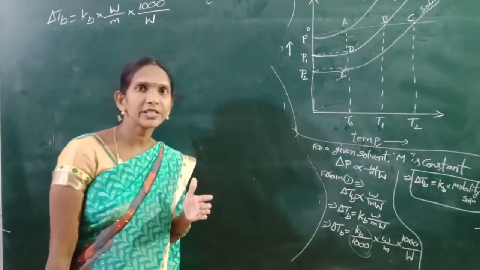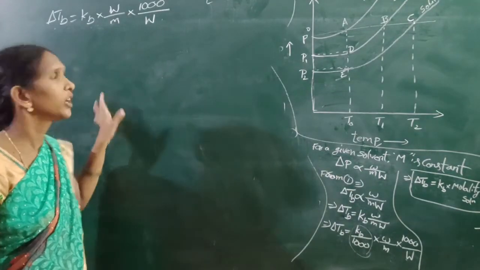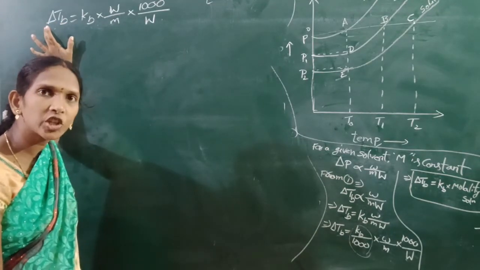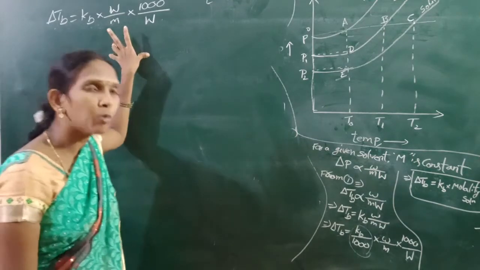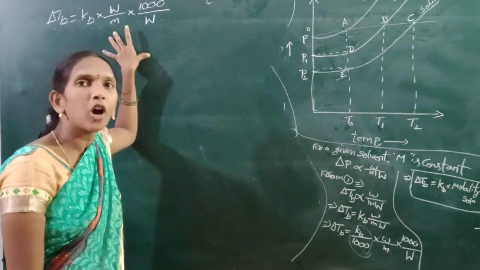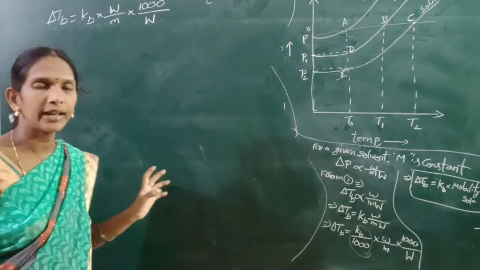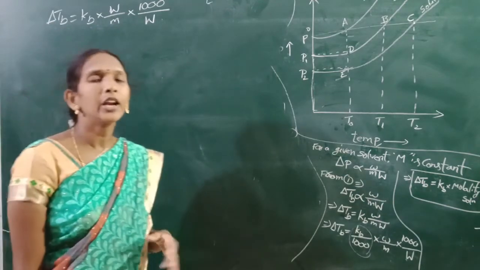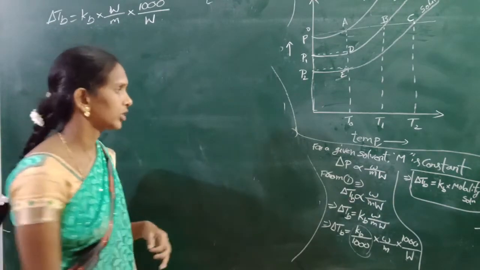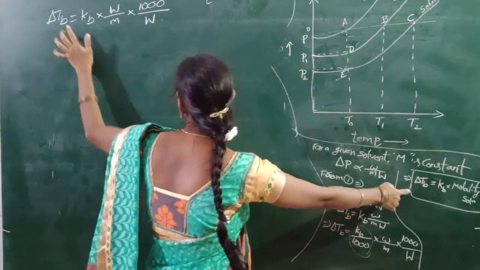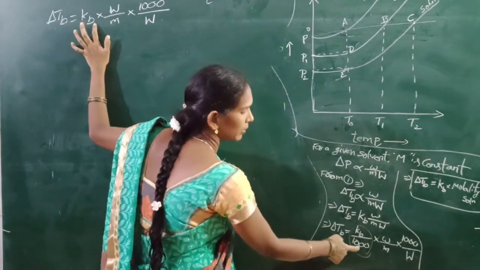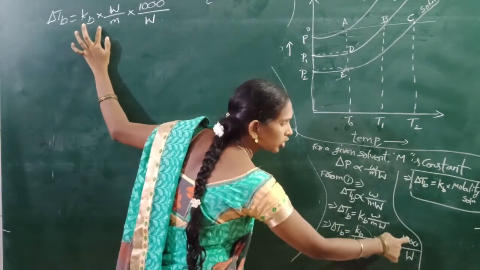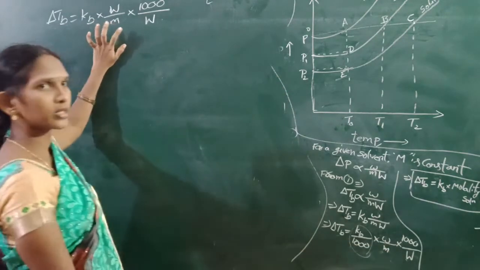Next heading is the relation between elevation of boiling point and the molecular weight of the non-volatile solute. We can obtain delta TB is equal to Kb, a constant, into weight by molecular weight into 1000 by W in grams.